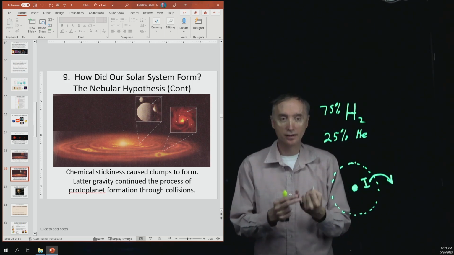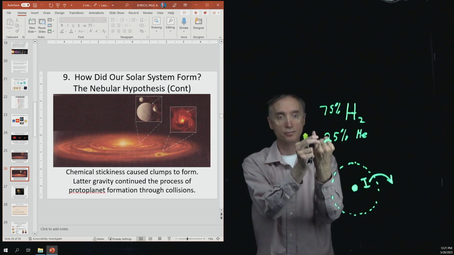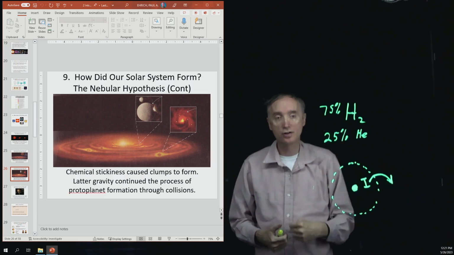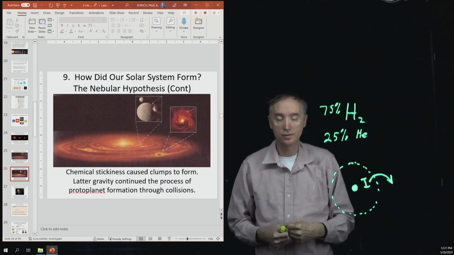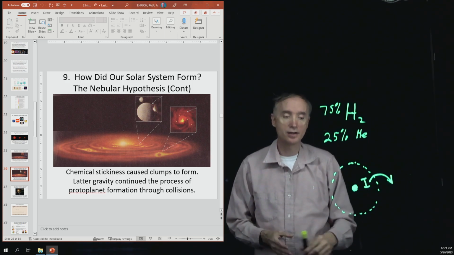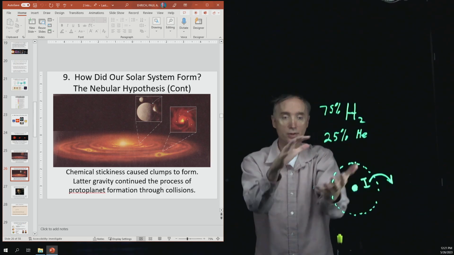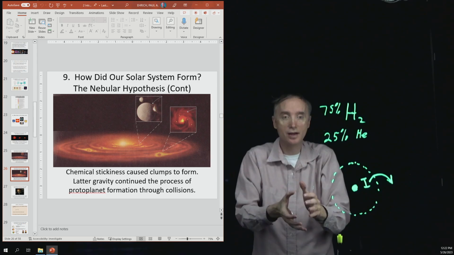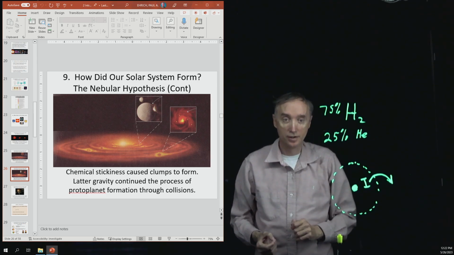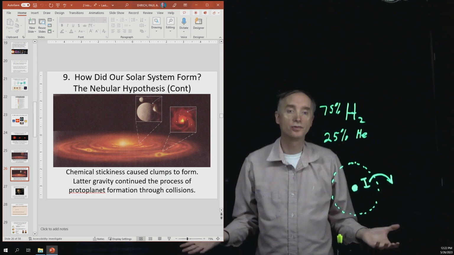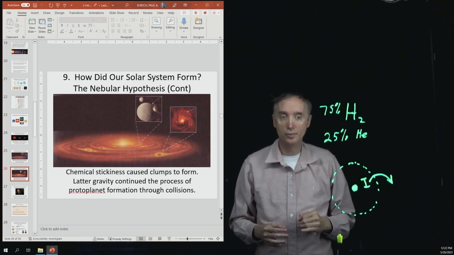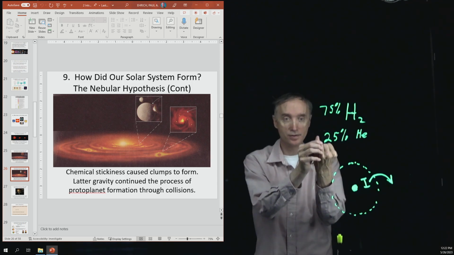So now maybe you've got little chunks of rock and metal that are about this big, and then they're going to start to collide, and now you've got chunks of rock and metal the size of your fist. Well, by the time that they get to the size of a basketball, about this big, then they've got enough mass that they begin to stick together because of gravity. So initially you might start out with trillions of dust particles, but eventually that's going to turn into billions of particles that are maybe this big.